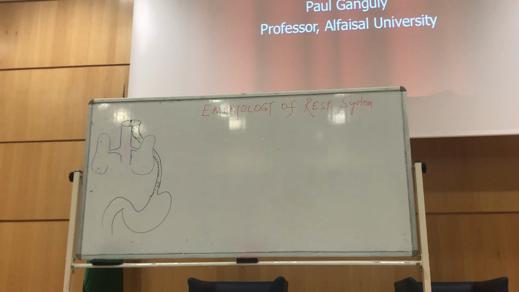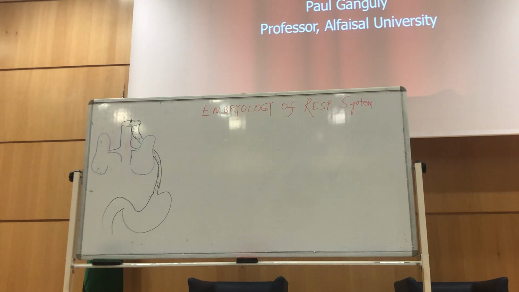Anyway, as far as respiratory system embryology is concerned, it is a very tiny topic, and half of it you know already. If I ask what the main stimulus for the growth of the lung is, you know that amniotic fluid plays a major role.